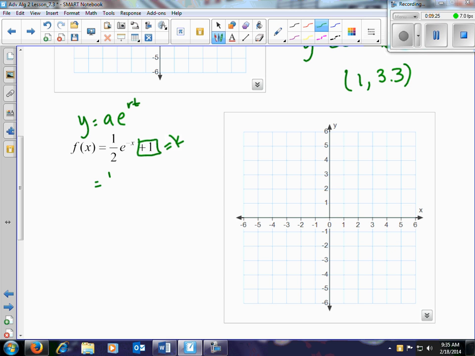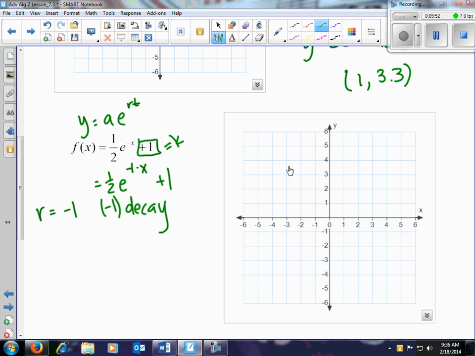So I could rewrite this as 1/2 e^(-1 times x) plus 1. Now I have my r times my t. And my negative 1 is going to make me think that my r is negative. So I have r is negative 1. And if it's negative, then it is a decay. So that means my graph is going to look something like this.